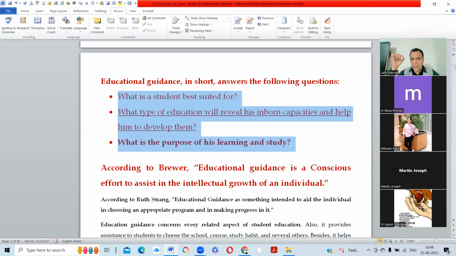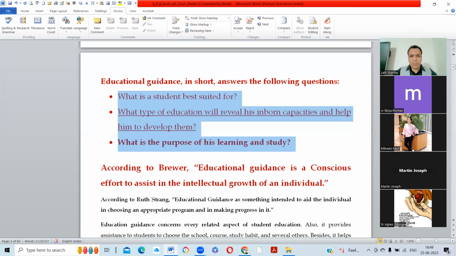So this is the duty of the teacher. Every teacher must know the purpose of teaching, the meaning of guidance is awakening the inborn capacities, inborn powers from the mind of the student, right?